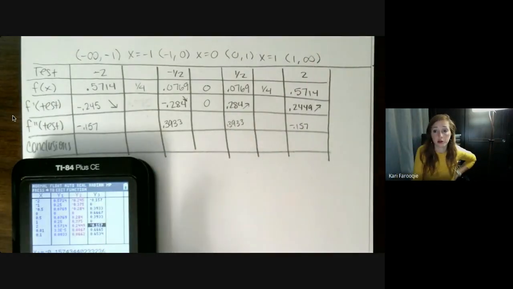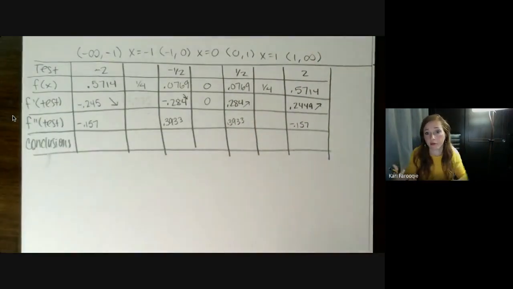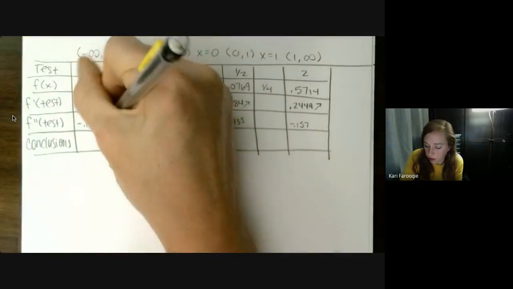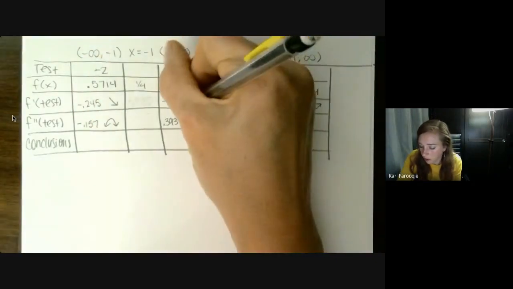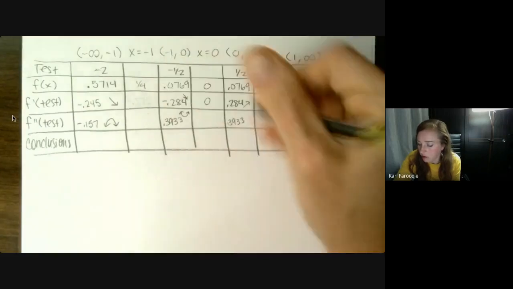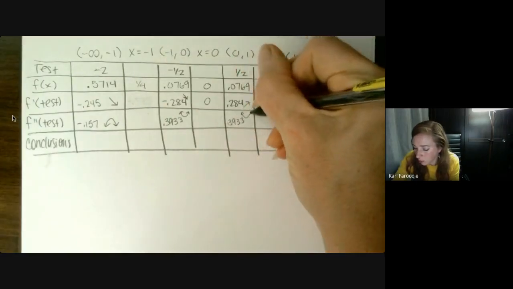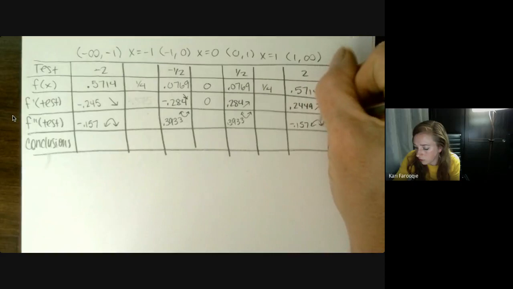And this is where you're getting your information about the concavity of your graph. So here we're looking at concave down, concave up because it's positive, concave up, cup, concave down, round.